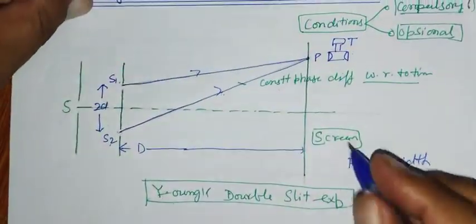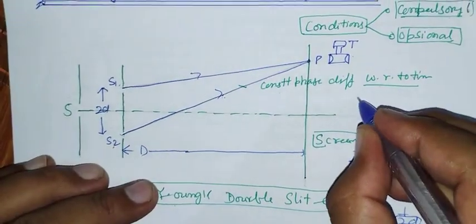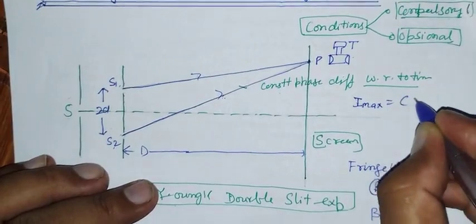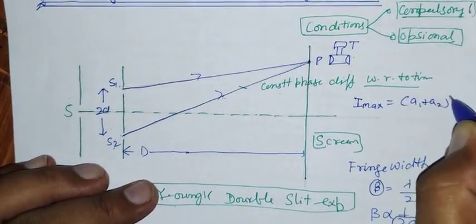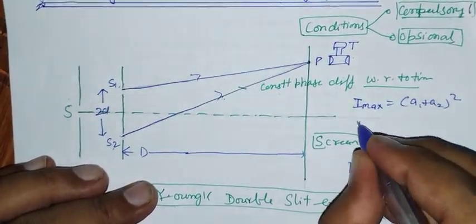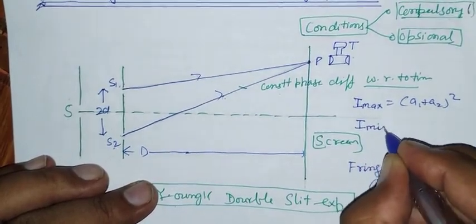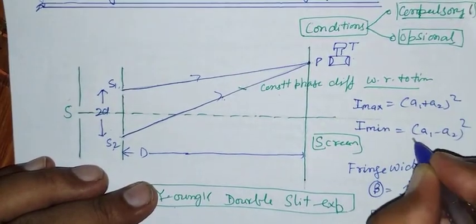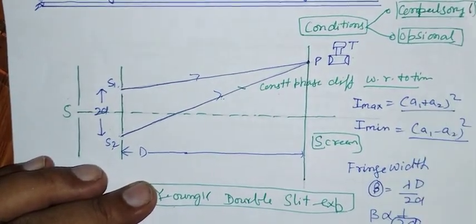Clear? Now, one more thing. The fringes formed by constructive interference have a maximum intensity, given by (A1 plus A2) whole square, and destructive interference has a minimum intensity, (A1 minus A2) whole square.